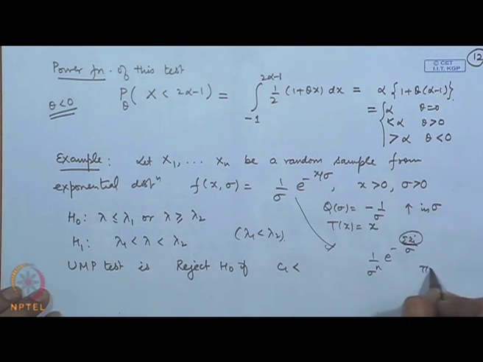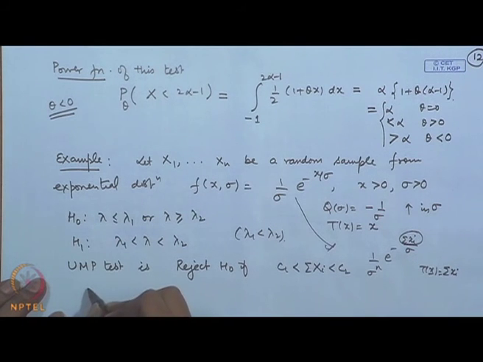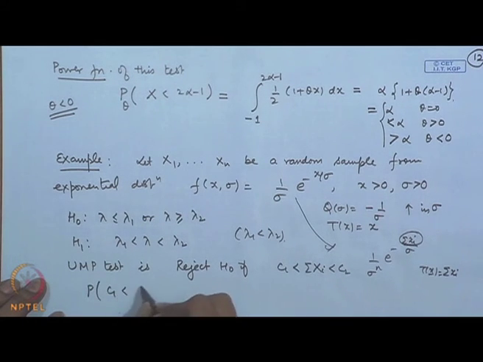So, T(x) will become equal to sigma x_i, where probability of C1 less than sigma x_i less than C2 when lambda 1 or lambda 2 is true is equal to alpha, that is, j is equal to 1, 2.